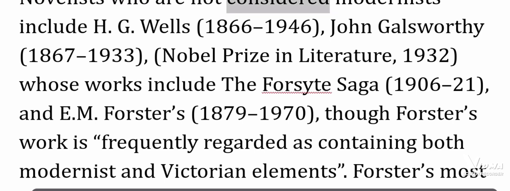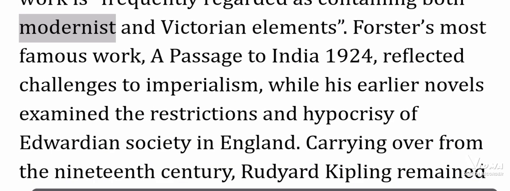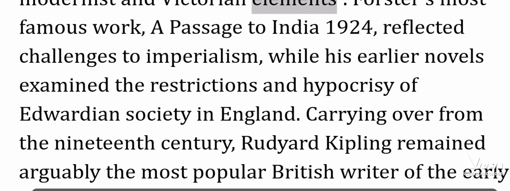Novelists who are not considered modernists include H. G. Wells, 1866 to 1946, John Galsworthy, 1867 to 1933, Nobel Prize in Literature, 1932, whose works include the Forsyte Saga, 1906 to 21, and E. M. Forster's, 1879 to 1970, though Forster's work is frequently regarded as containing both modernist and Victorian elements.